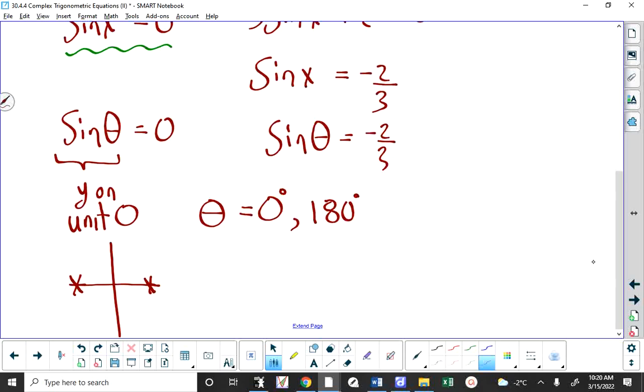Now, when it comes to this equation, we can't use the unit circle. I don't know where on the unit circle the y coordinate is negative 2/3. It's someplace, but I don't know. So I'm going to find the reference angle.